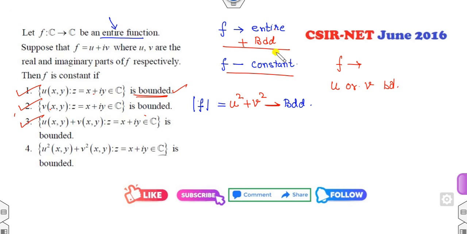Clear? Because f is entire, U and V are harmonic. That means U is bounded, V is bounded, U square plus V square is bounded, mod of f is bounded. That means f is bounded. So if mod of f is bounded, that means f is bounded. So if f is bounded and f is entire, that means f is constant as well. All are correct answers of this problem.